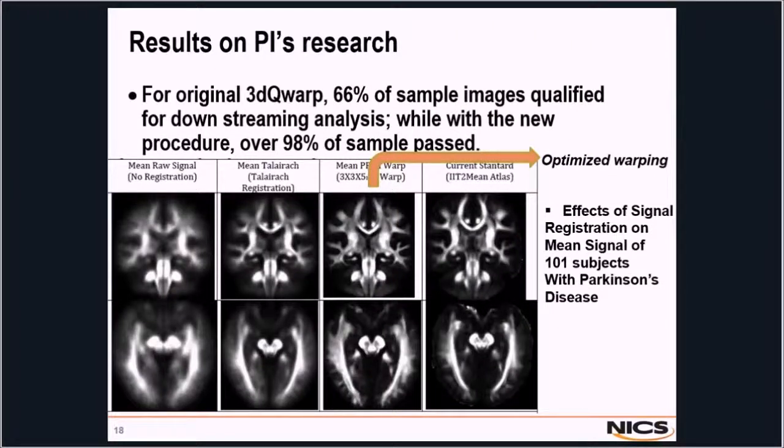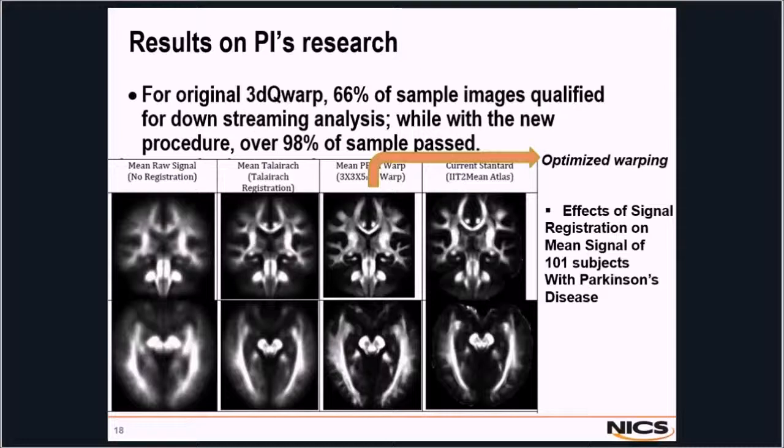So what does that mean for PI's research? How does the improvement in registration help? We know that the 3D warping was originally a bottleneck for PI's analysis pipeline because it takes over a week.